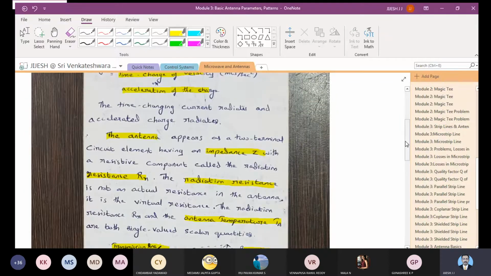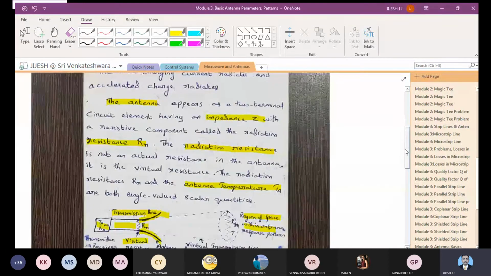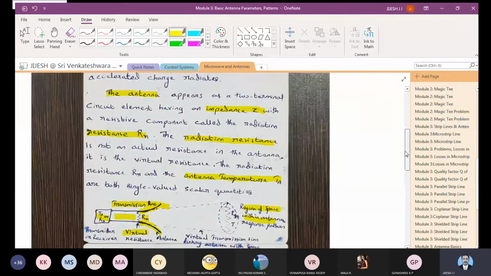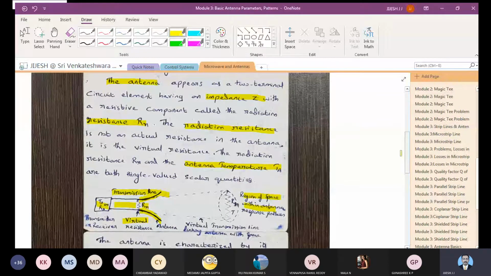You can draw this figure. This is all introduction to antennas. We will move on to each parameter and discuss those in detail.